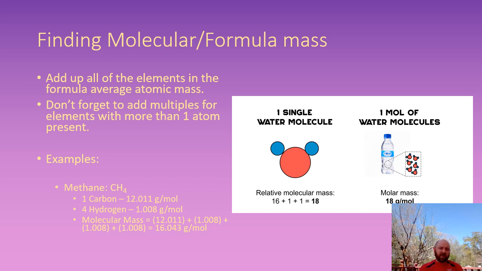And then we can see the same thing here for our water molecule. In this example, they have rounded the atomic masses from the periodic table off relatively to whole numbers. However, everything still works out pretty much the same. The mass of 1 oxygen is 16, so you can see that they've added 16 plus 1 plus 1 to see that 1 molecule of water has a molecular mass of 18 atomic mass units.